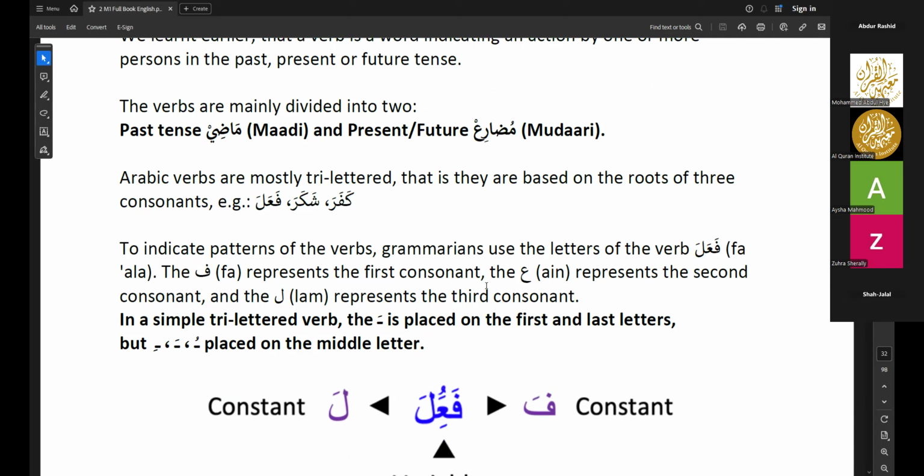So most of the fail in the Arabic language is triliteral. That means the fail is constructed based on three letters. First and last letter will have fatha. And the middle letter, ain kalima, can have dhamma, fatha, and kasra.